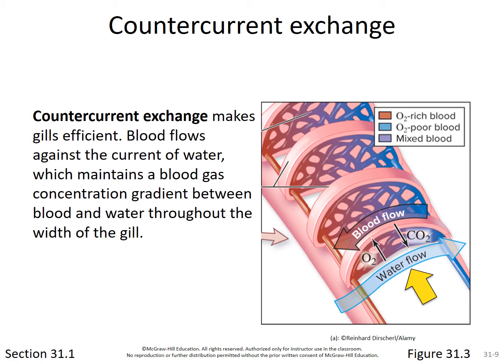Likewise, as the blood flows against the water, the water is always going to have a lesser concentration of CO2 than the blood, and what that does is, all along the length of the blood vessel, it allows CO2 to leave the blood vessel. And so, again, this countercurrent system where you have blood flow and water flow opposing one another usually means that there's always a gradient down which oxygen and CO2 can move.